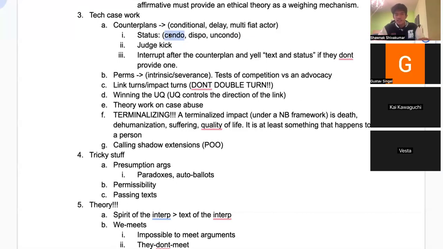This is called judge kicking. The judge does the kicking for you.